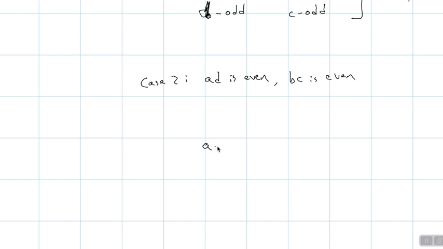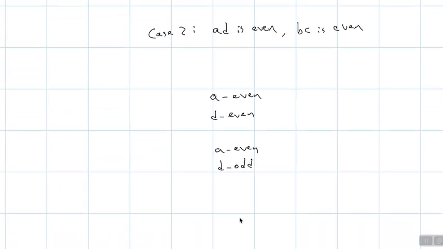So one, just looking at AD, A could be even and D could be even. A could be even and D could be odd. Or A could be odd and D could be even. These combinations would allow the product AD to be even.